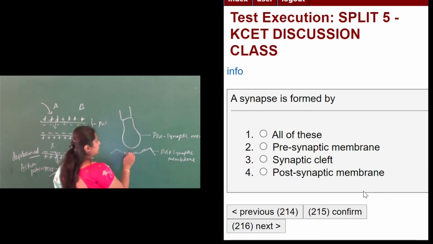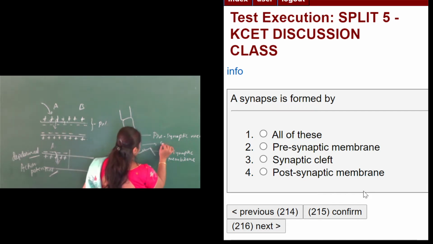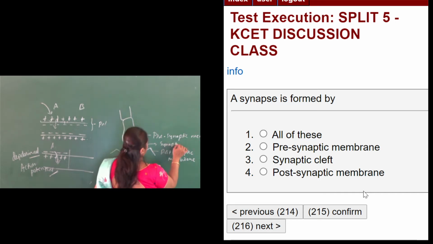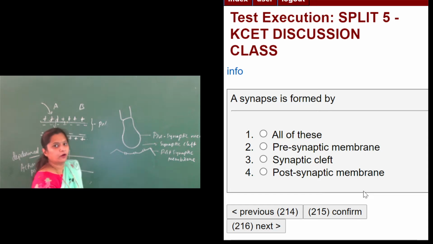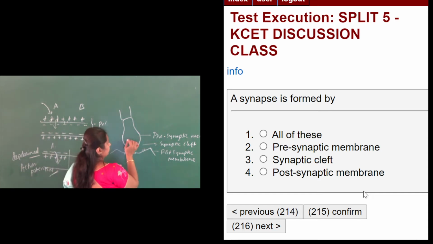The gap which is present between the presynaptic neuron and the postsynaptic neuron is called the synaptic cleft. Inside the synaptic knob, synaptic vesicles are present here. The synaptic vesicles contain neurotransmitters.